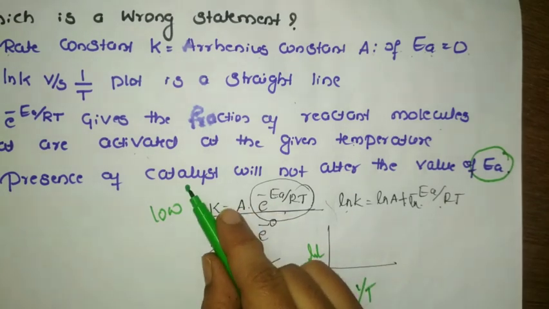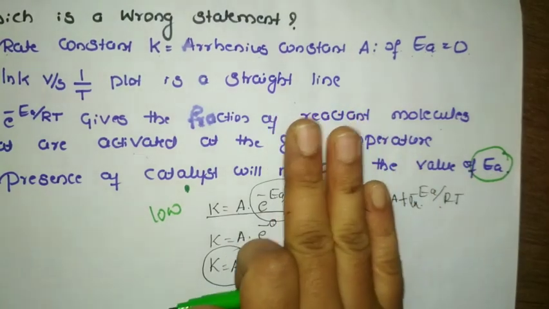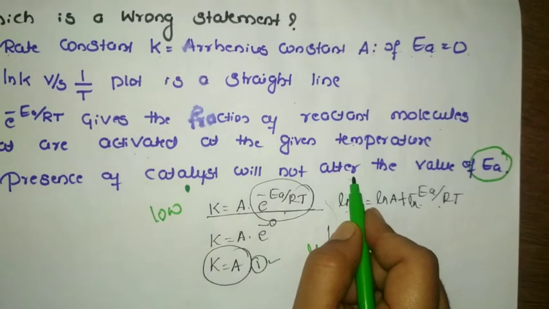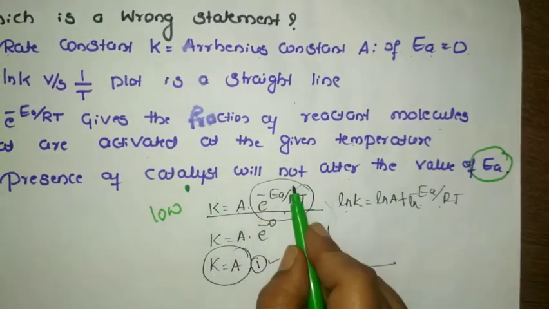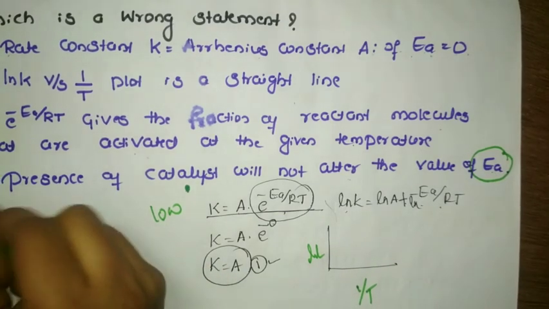So when we use the catalyst, the energy required for the maximum molecules to get activated will also be low. Okay, so they are telling presence of catalyst will not alter, but the presence of catalyst will definitely alter the value of activation energy. So it's option D, which is a wrong statement.